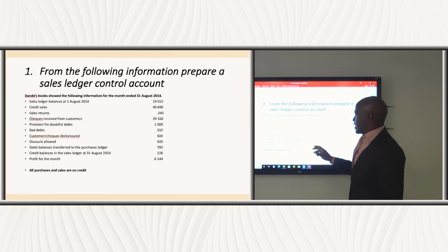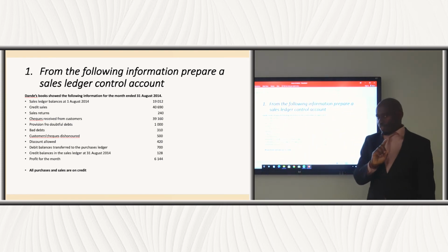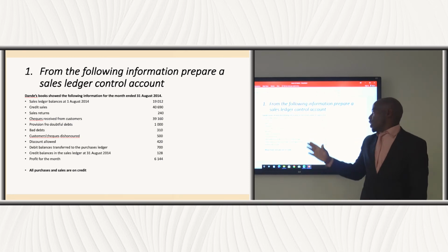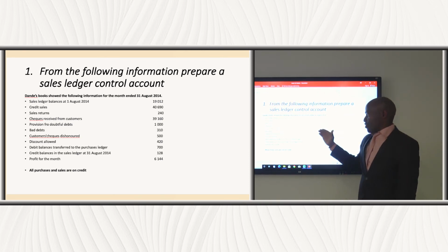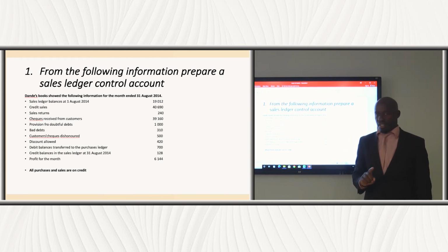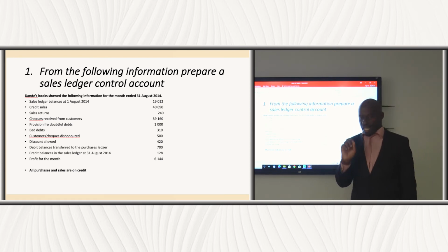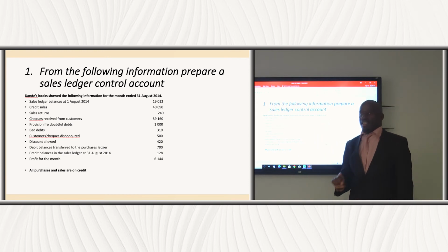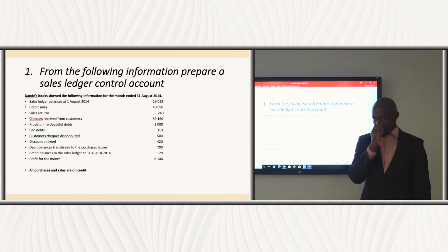Now, it is a very common mistake amongst our learners to include the provision for doubtful debts in the control account. Now, please take note. We do not include the provision for doubtful debts in the sales ledger control account.